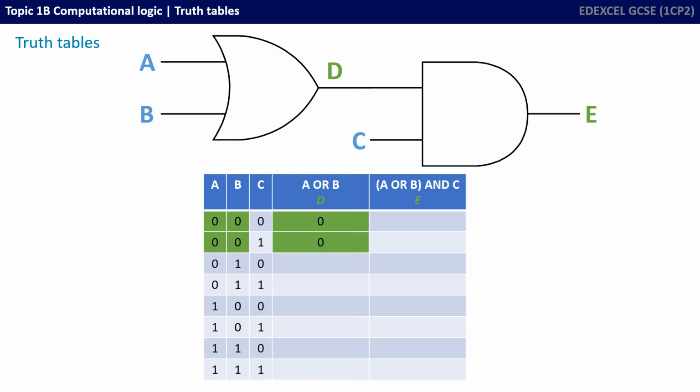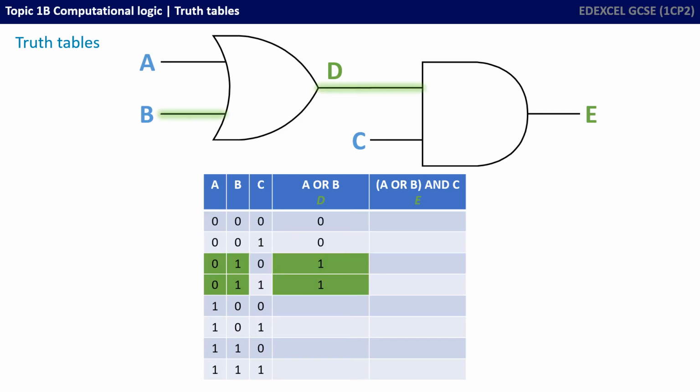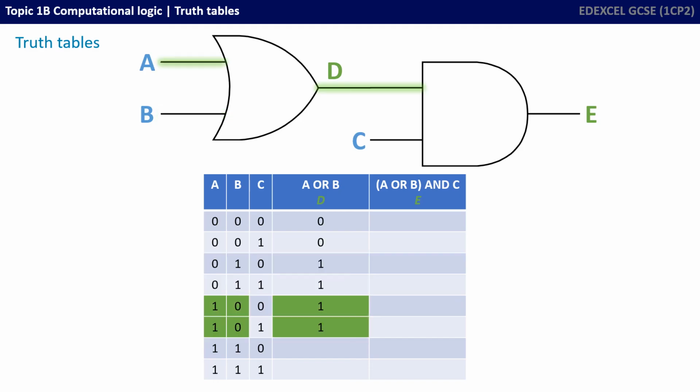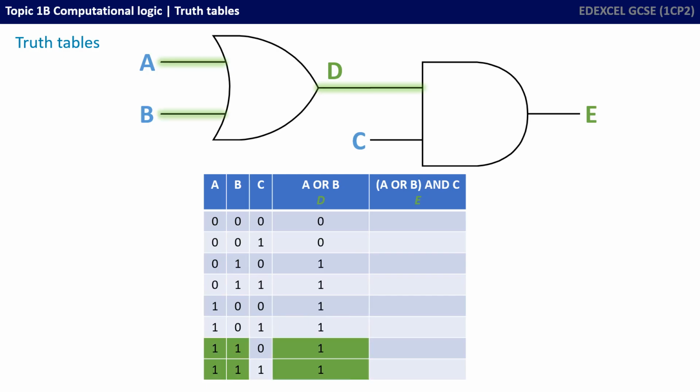So in these two rows, the output's 0. In these two rows, B is 1, so that's fine, the output's 1. In these two rows, A is 1, so the output's 1. And in these two rows, A and B are both 1, that's fine for an OR gate, so the output's 1.